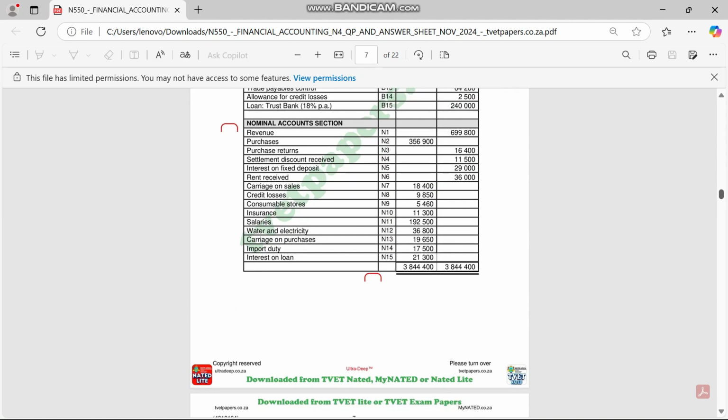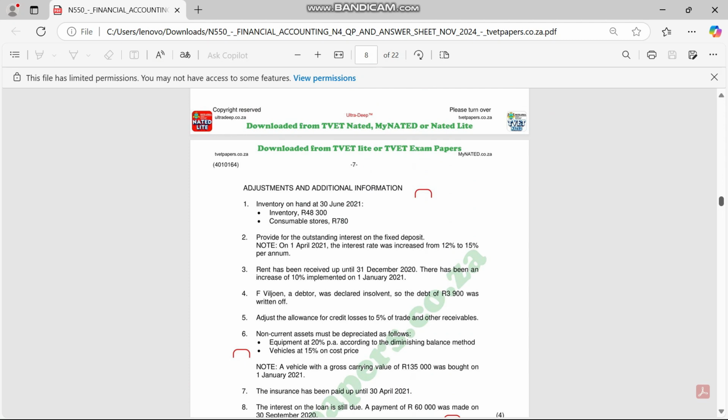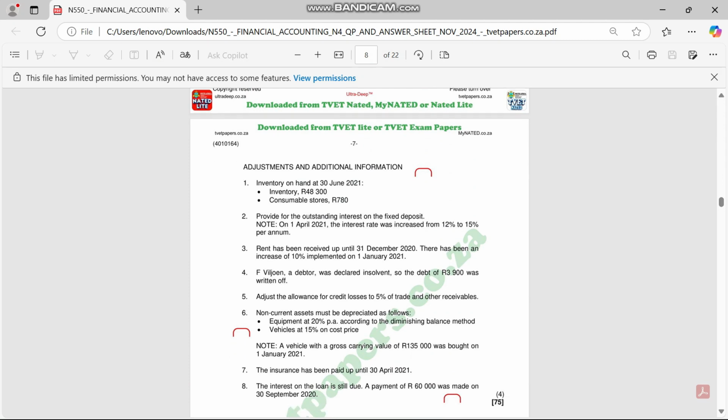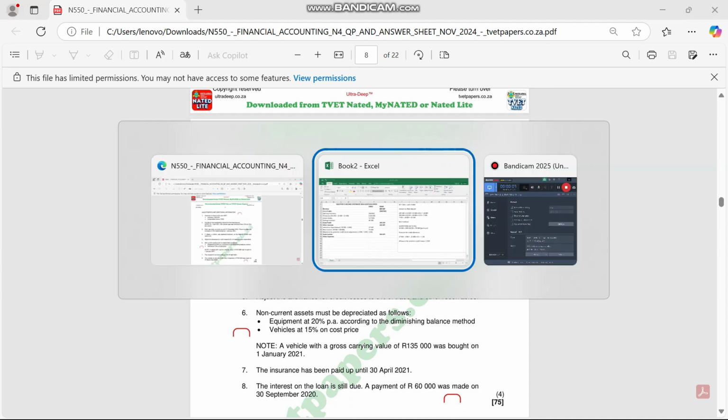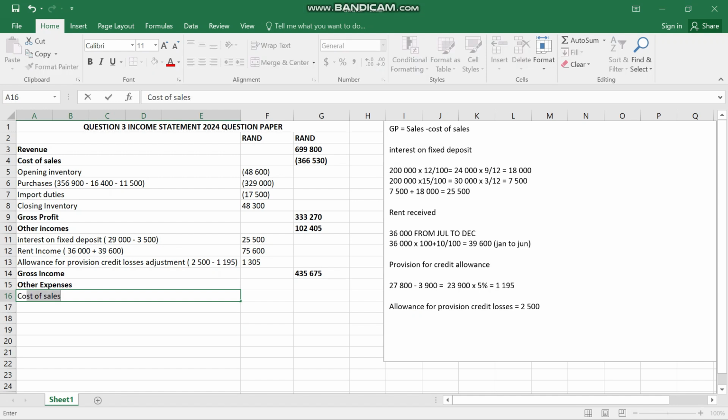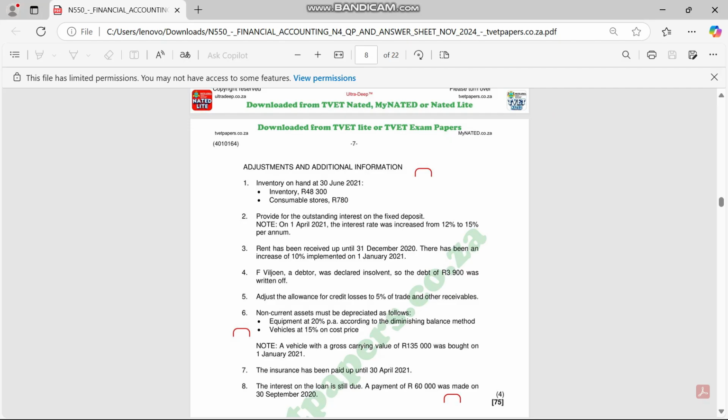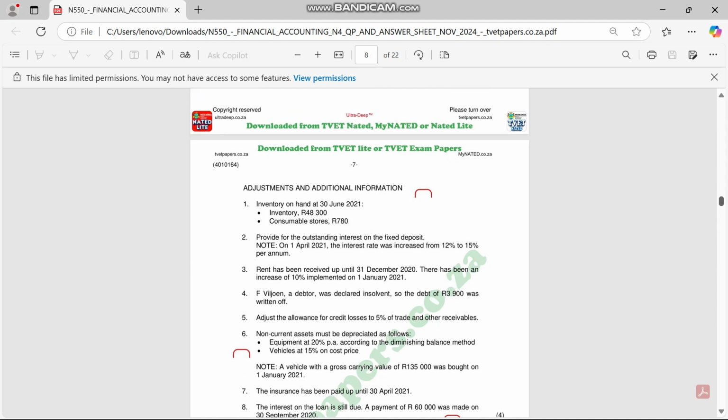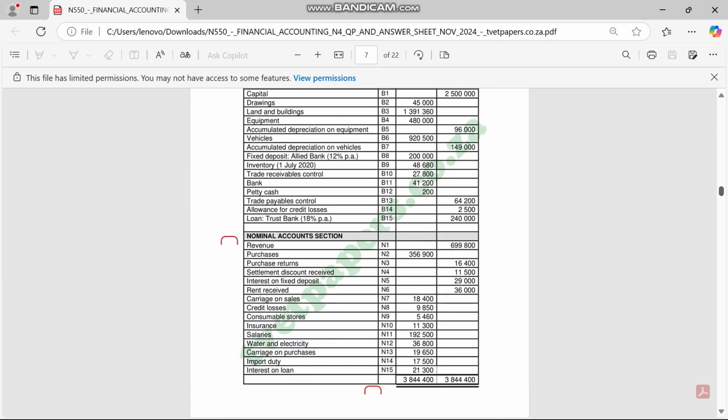Okay, so we'll be looking at adjustments. Let's start with consumable stores. We have inventory on hand of consumable stores: 1,780 rand.